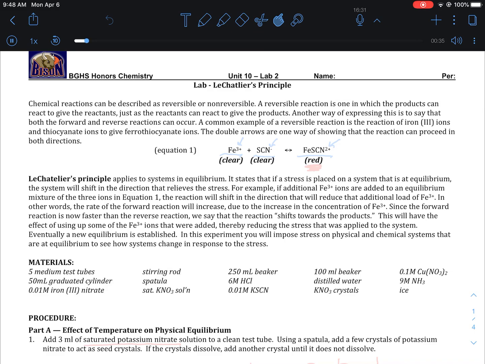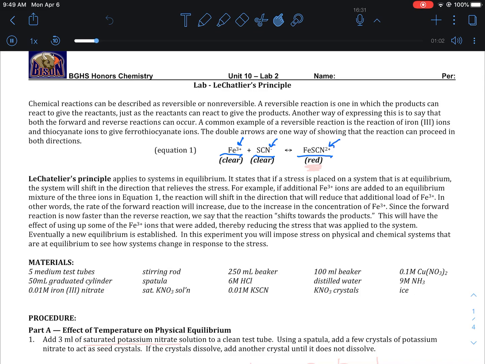So, for the first example, in equation 1, we see if we mix the iron 3 ion with the SCN minus ion, they're going to form this product, FeSCN, and notice the charge is now plus 2, because when you took a plus 3 and a minus 1, you ended up with a plus 2.